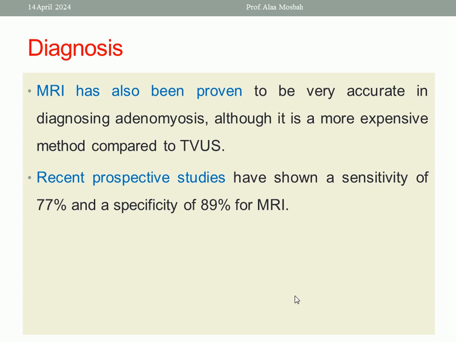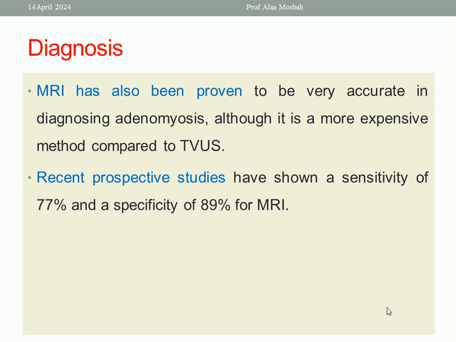What are the other imaging techniques or modalities? Magnetic resonance imaging, or what is called MRI. MRI has also been proven to be very accurate in diagnosing adenomyosis, although it is a more expensive method compared to transvaginal ultrasound, and of course needs an experienced physician.